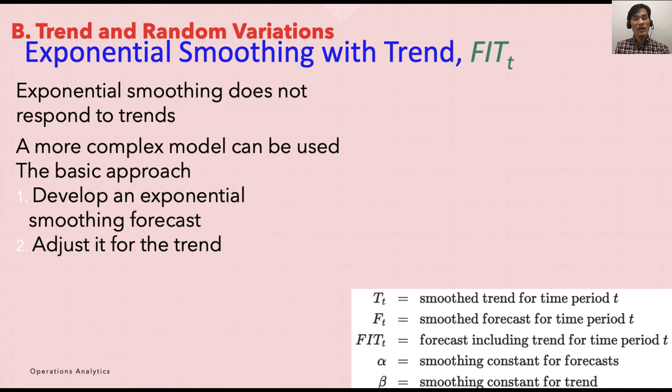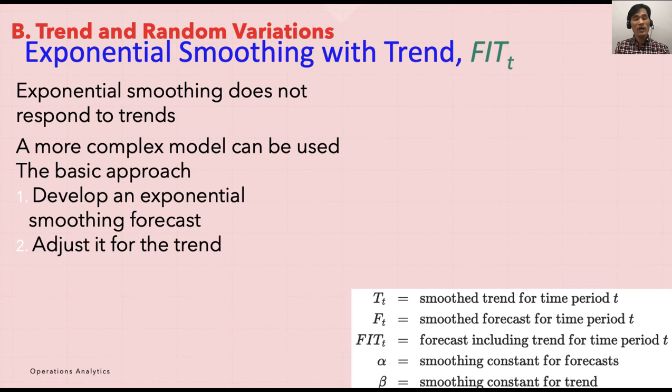If there is a trend present in a time series, the forecasting model must account for this and cannot simply average past values. Two very common techniques will be presented here. The first is exponential smoothing with a trend, and the second is called trend projection, or simply a trend line.